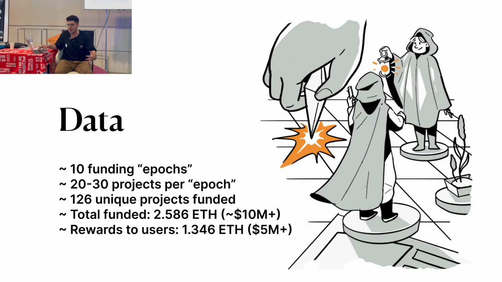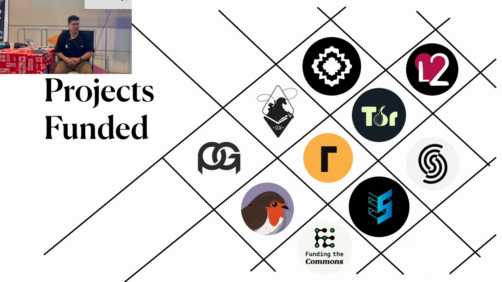In total, we funded more than 10 million in ETH, and around 5 million went to rewards. This can also show you the split between individual rewards and funded amount.